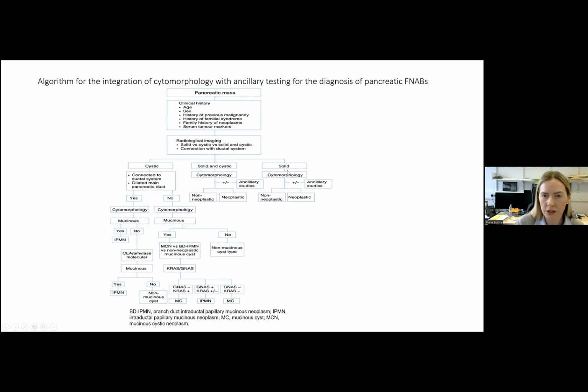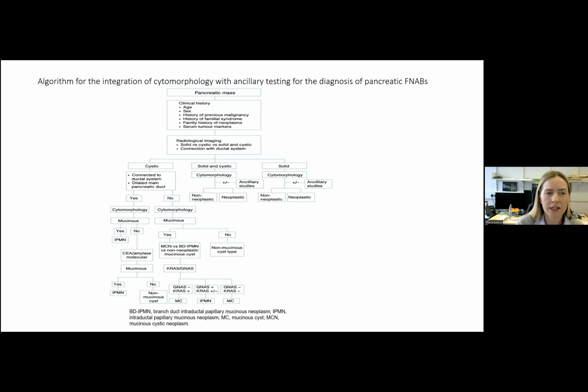And your ductal lesions are often adenocarcinomas or inflammatory conditions such as pancreatitis. Examples of non-ductal tumours include neuroendocrine tumours, which are the most common of the type, but yet relatively infrequent in comparison to your ductal adenocarcinomas. And then you can have solid pseudopapillary tumours and acinar cell carcinomas and various other rare tumours.